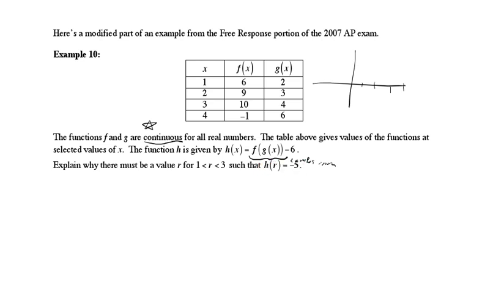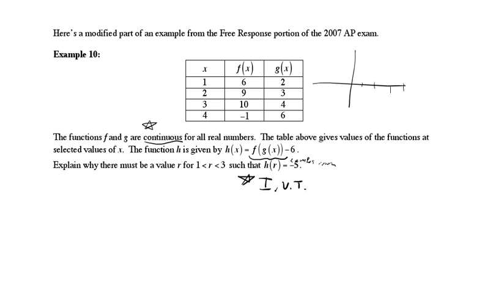So this question gives us an interval, it gives us a value. We're looking for a value on an interval. This is the kind of question that uses the intermediate value theorem. These are the kind of questions you need to recognize as intermediate value theorem questions.